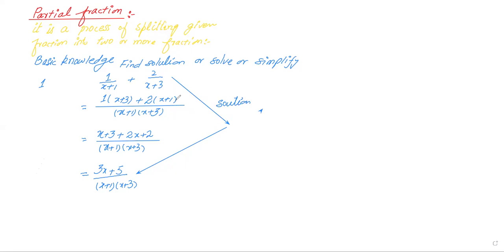Now, if I make it the reverse process, one fraction is given and I want to write this given fraction into two or more fractions. In other words, I want to split the fraction into two parts, moving back from one fraction to two or more fractions.